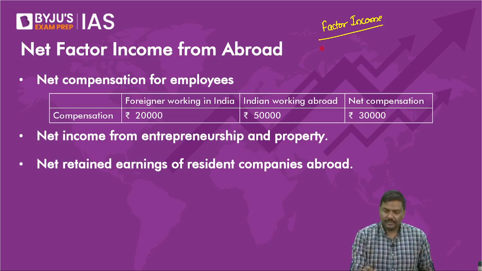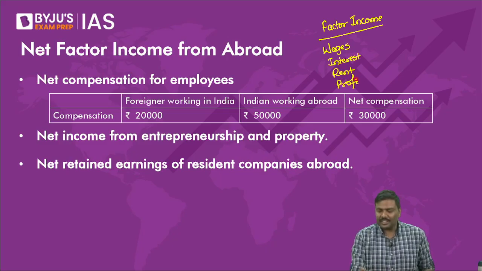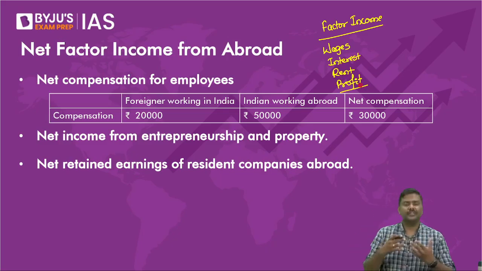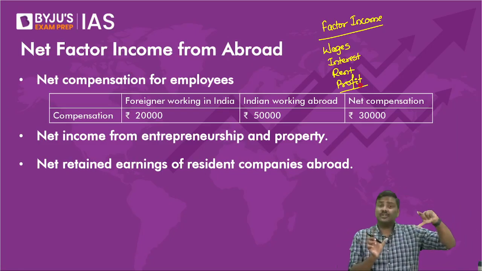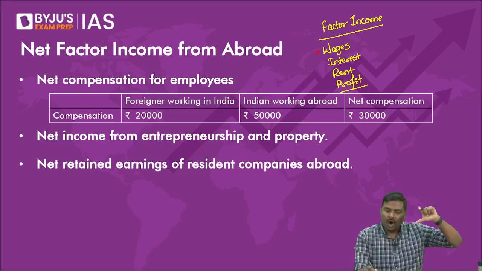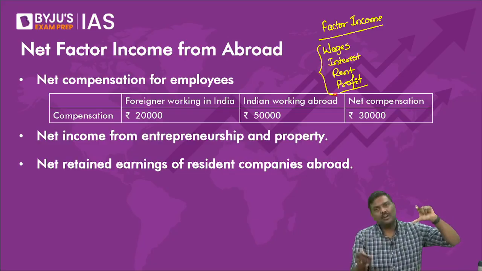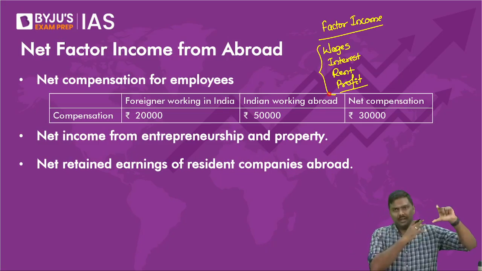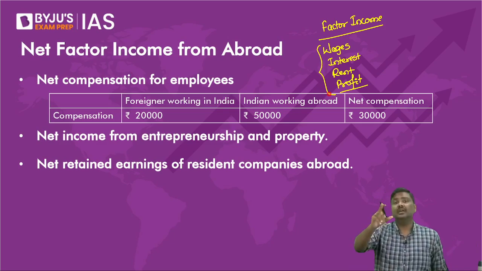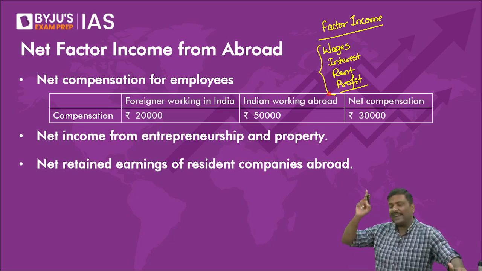Simple. Wages, interest, rent and profit. Now follow this carefully. In the calculation of GDP, all these factor incomes are already counted. Because some of you will simply say, sir, but you started the discussion with factor cost.